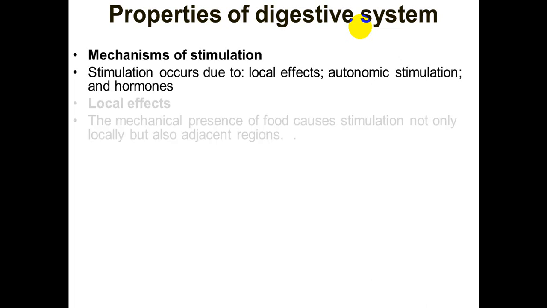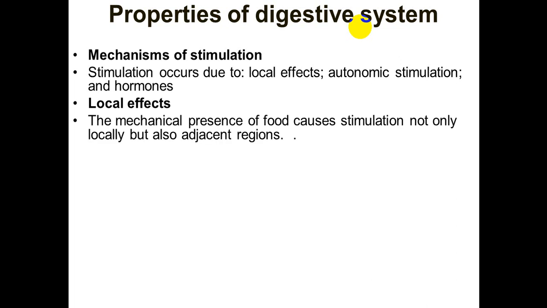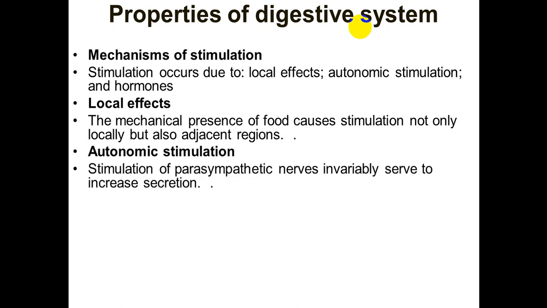Local effects: the mechanical presence of food causes stimulation, not only locally but also at the destination. This may be a direct effect or via the nervous system. Autonomic stimulation: parasympathetic nerves invariably serve to increase secretion.